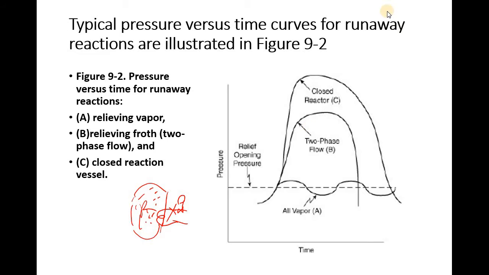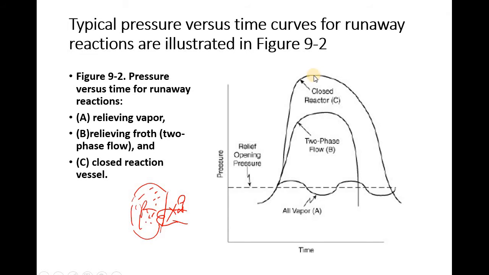But we're talking about, for example, a closed reactor. However, this reactor is a very strong reactor, and it can withstand that runaway reaction and that high pressure. Eventually the material finishes, and because the material has finished, I have no input.